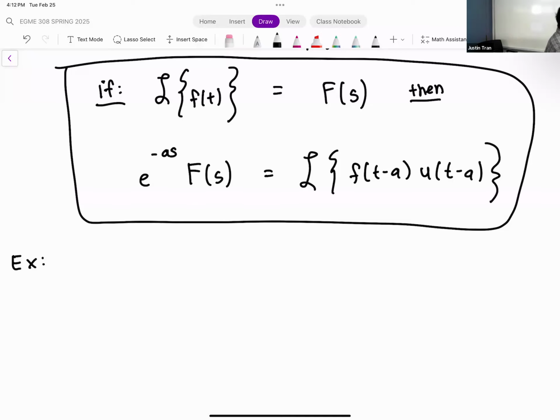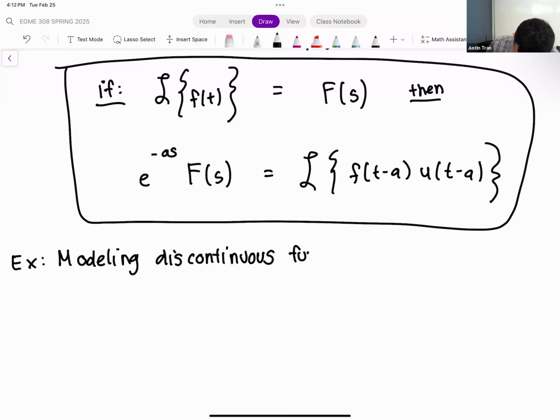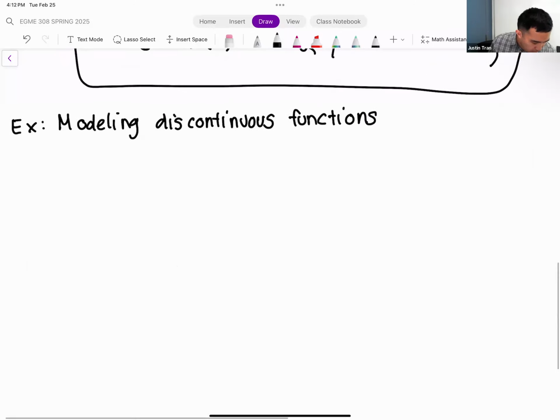The most common case where you're going to see this shifting theorem and these step functions and impulse functions is situations where you have a discontinuous function that you want to model. So for example, let's do a very simple case first.